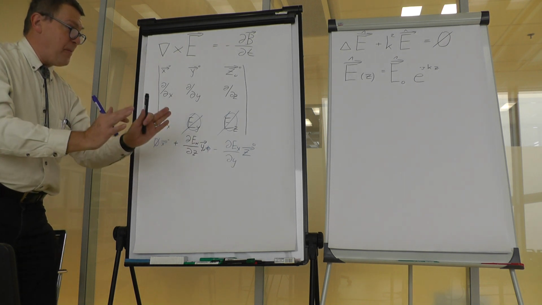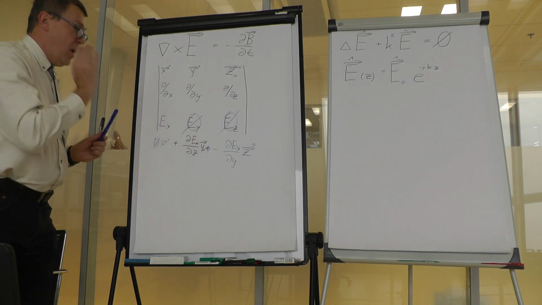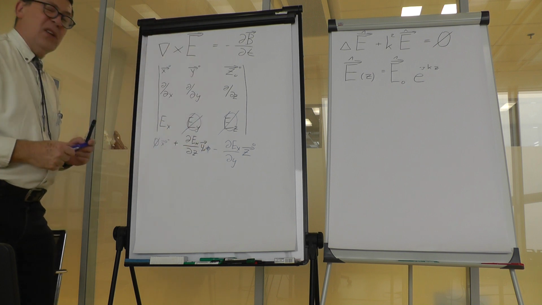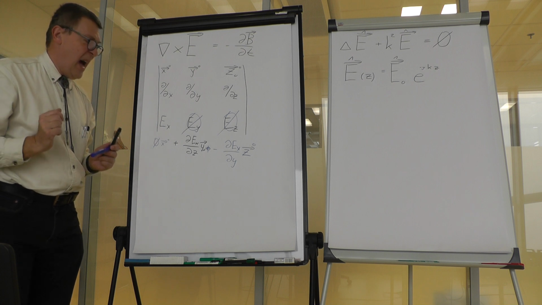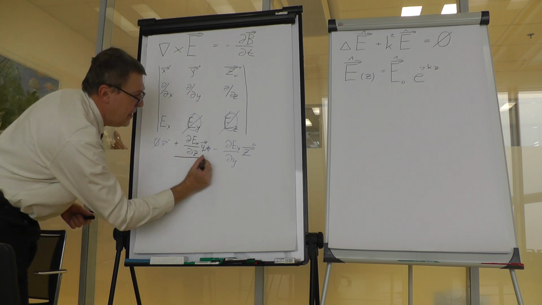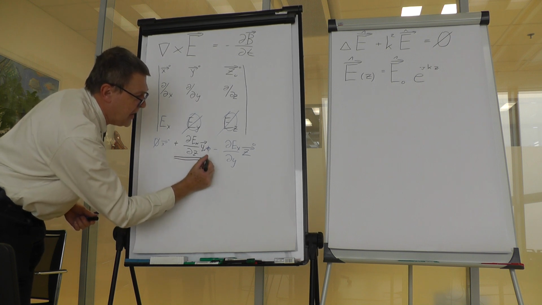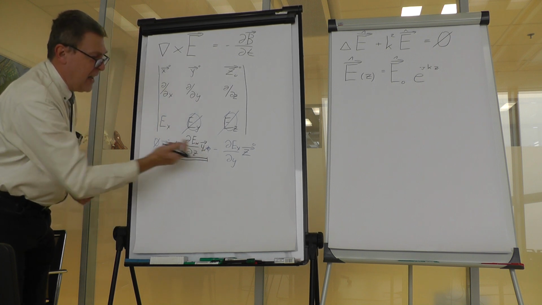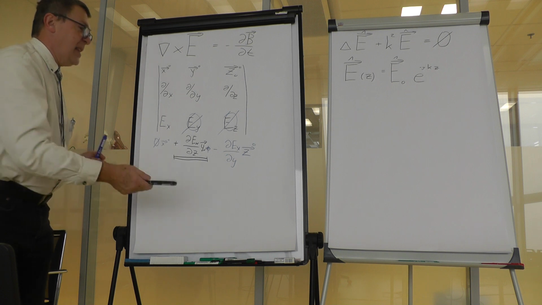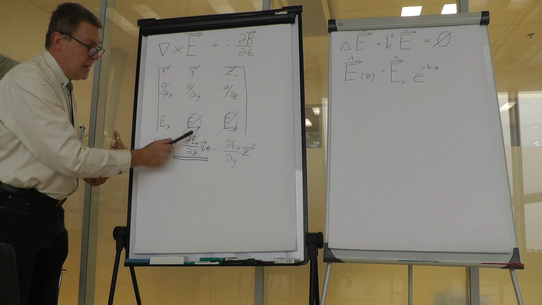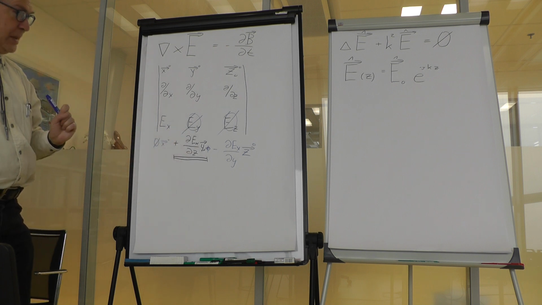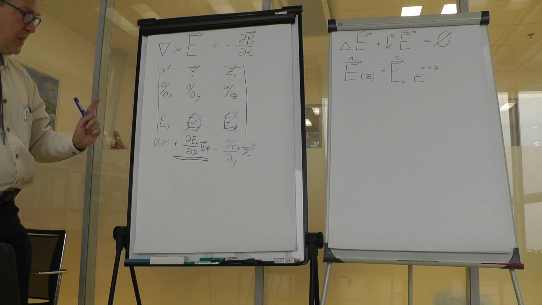So we have found out that the whole determinant has only one non-vanishing component, and that has the direction of the y vector or y-axis, and the magnitude is a derivative of Ex against z. Now this is important, and we shall continue with it.